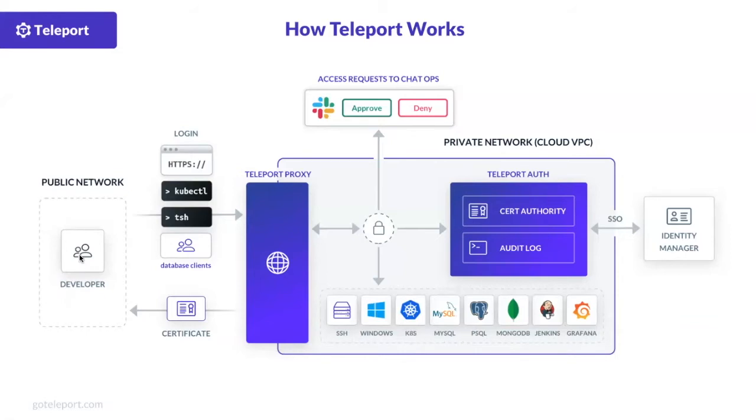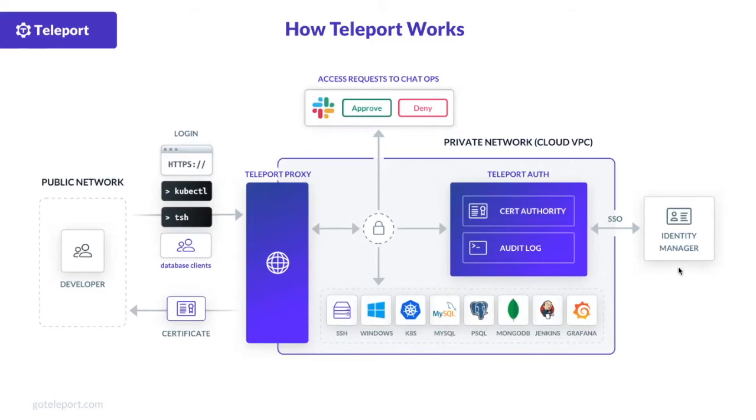So how I go about getting a kube config that I can use for interacting with my Kubernetes clusters is I will use TSH, which is Teleport's CLI tool. So I'll use TSH to log into a Teleport proxy that I've set up in my own environment. And I've also set up an integration with my SSO provider.